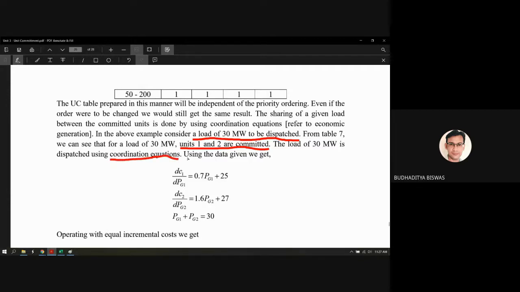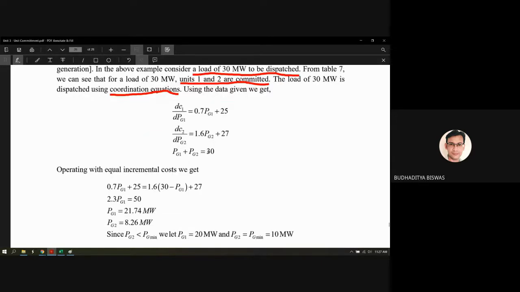So this unit commitment problem gives us what units should generate and what units should not generate for that particular load demand. But how they actually generate, you need to find out using the economic coordination equation or economic dispatch formula. Using the data given in the problem, because we know that the incremental fuel cost should be the same.